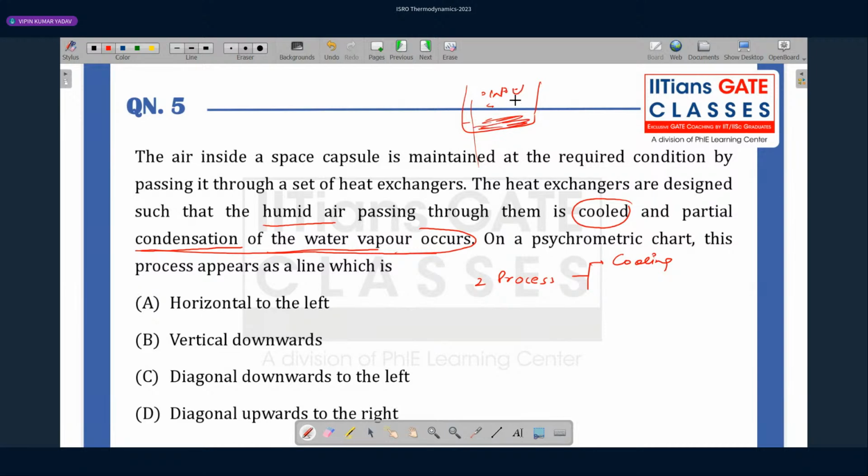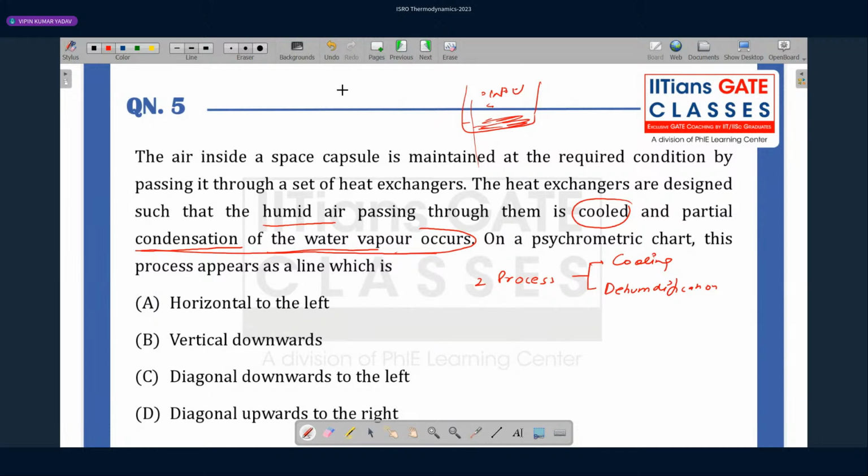So the amount of water vapor will be reduced in the air, and it is called dehumidification. Reduction of the water vapor in the given air. So there are two processes that are happening. First is cooling and dehumidification.